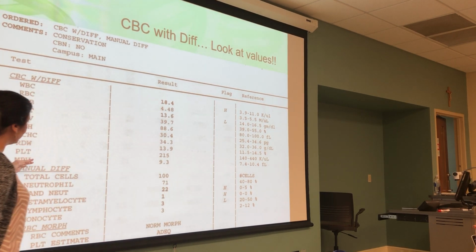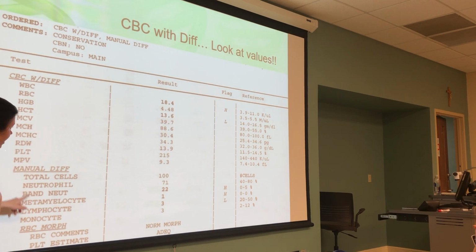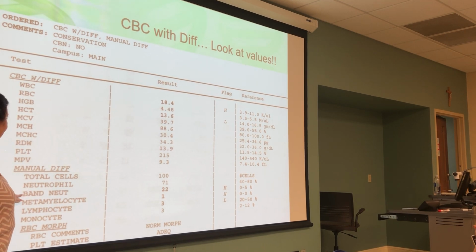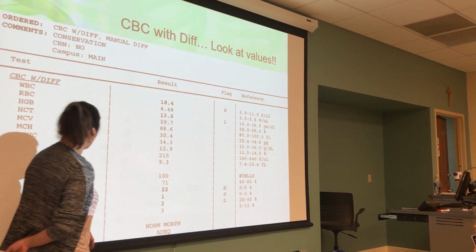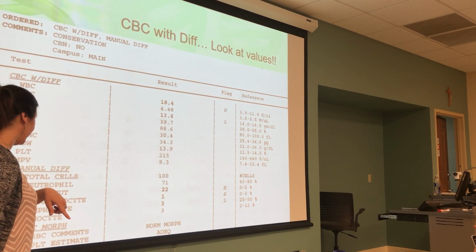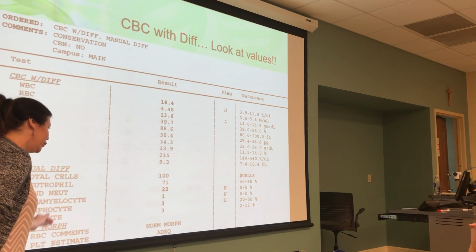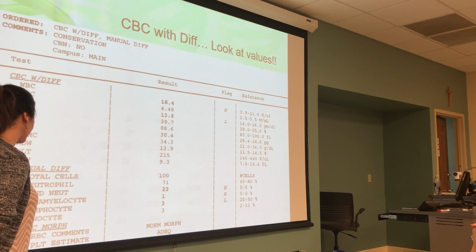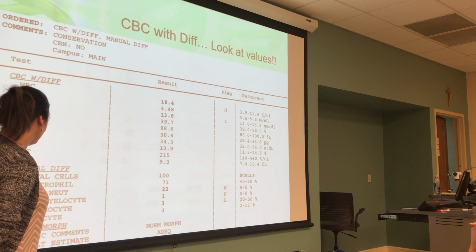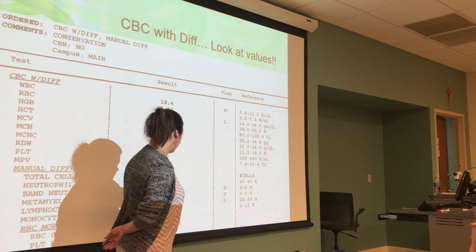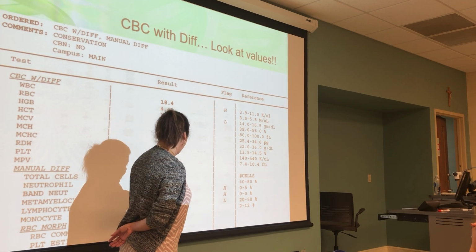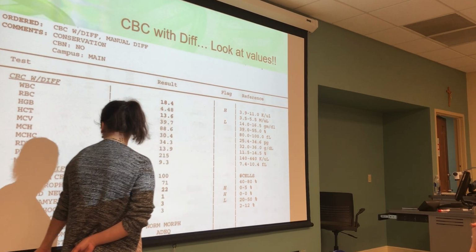And now let's look at the amount of cells, okay? Basically what's affected is bands, so the patient has 22, which is the left shift, very common in them, and highly confused with an infectious process. And lymphocytes 3, from 20 to 50%, lymphopenia, okay?